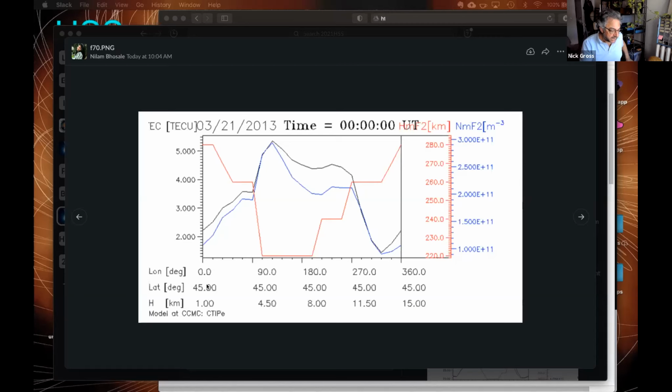So we're looking at mid-latitude and around the world, and this is at a fixed UT. Yeah, this is a very interesting chart because the TEC values here look way too small. Oh, I think it's log scale.